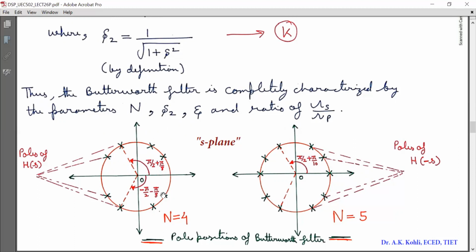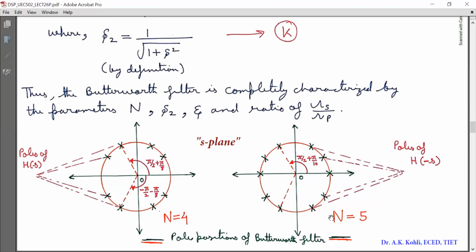Now here for N even, that is N is equal to 4, these 4 poles in the left hand portion of S plane belong to H(s). And these 4 poles in the right hand portion in S plane belong to H(-s). Now look at this, for N even, no pole exists on imaginary axis and no pole exists on real axis.